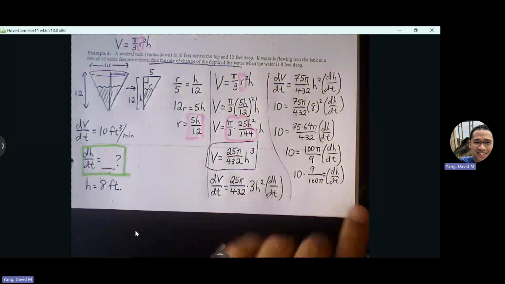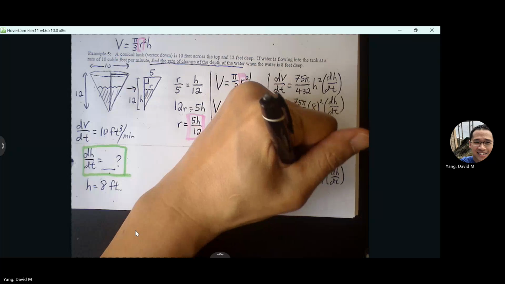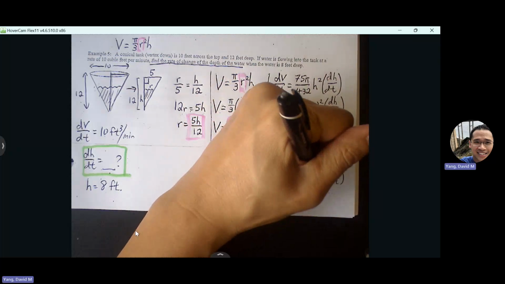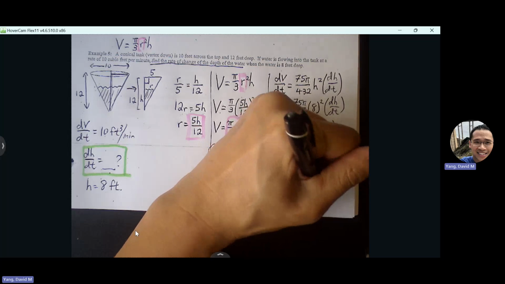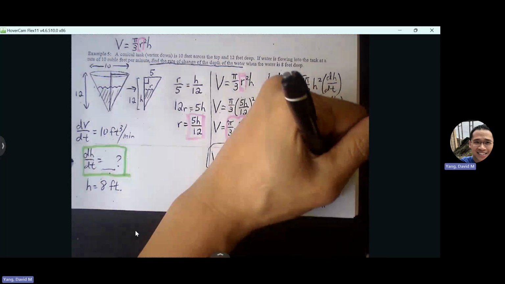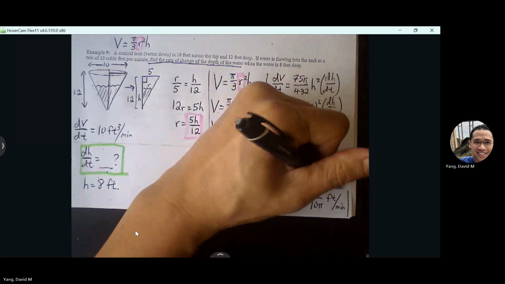Sorry, this is equals here. So 90 over 100 is just 9/10. Pi stays in the denominator. Height and time, let's do our units here. Height is in terms of feet. Time is in terms of minutes. So feet per minute.